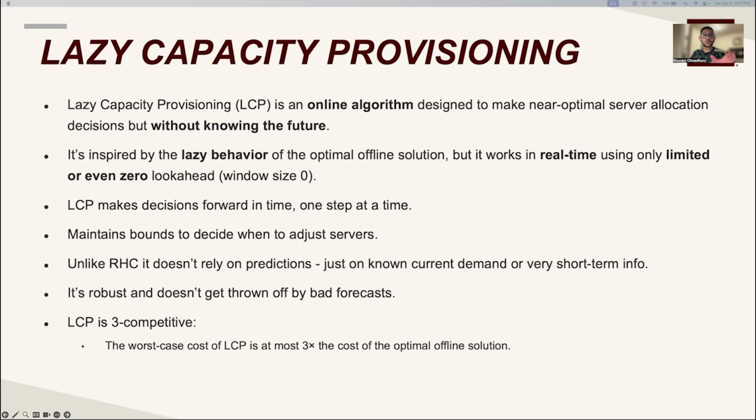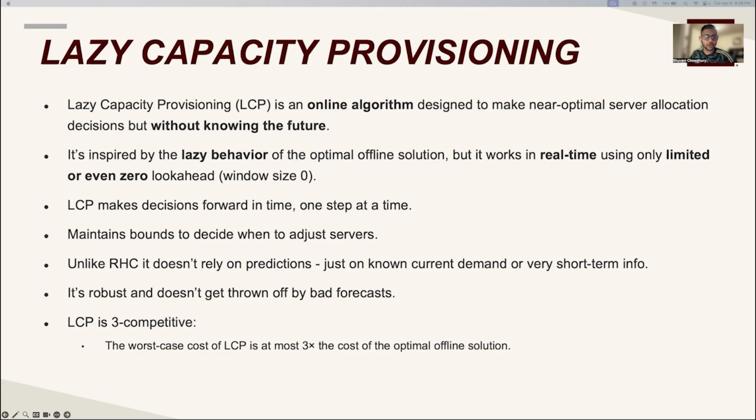It also works in real time using only limited or even zero look ahead. So basically, it does not need future data or future predictions. Even if there are no future predictions or very few, it mainly uses the past data or history to make decisions on whether to increase or decrease the number of servers.